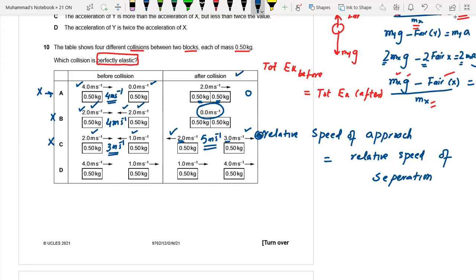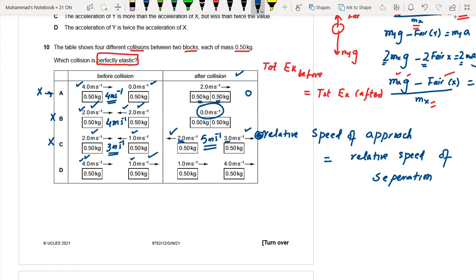So obviously D is correct, but let's verify that. This is moving with 4 meter per second towards right. This is moving with 1 meter per second towards right direction. Both are moving towards right. So what is speed of approach? This 4 meter per second is greater than this 1 meter per second, so they will be approaching each other. Otherwise, collision is not possible.